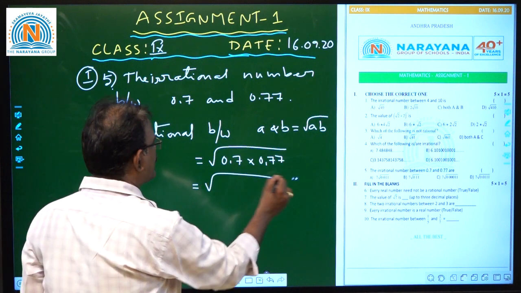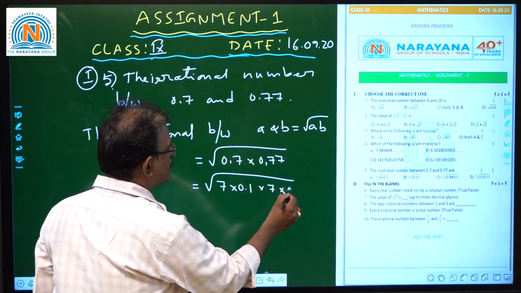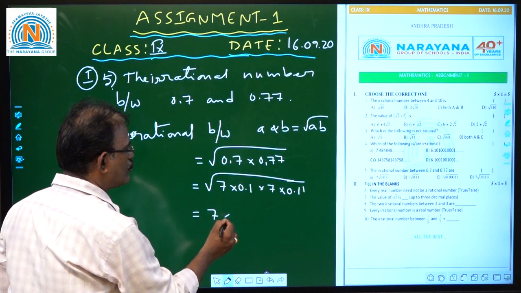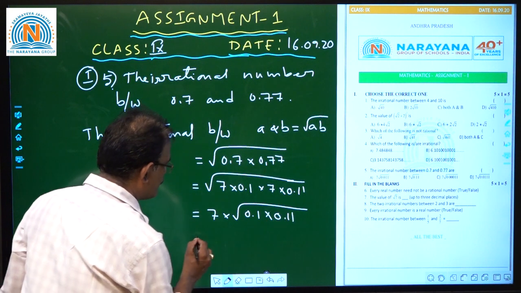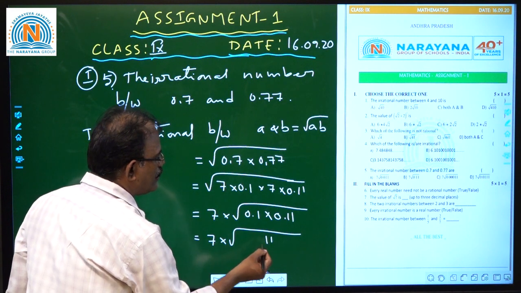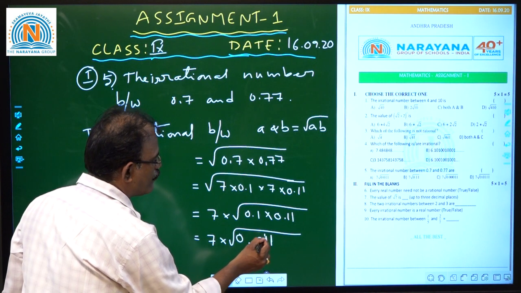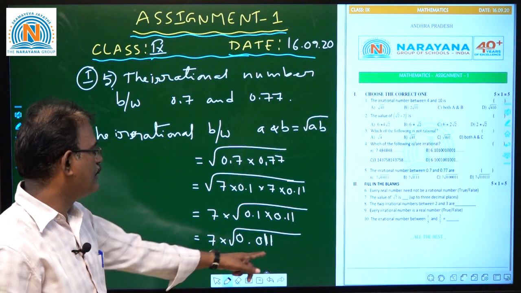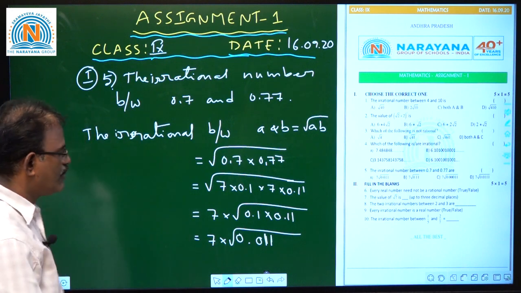This can be written as 7 into 0.1, and again as 7 into 0.11. Taking 7 out, this is 0.1 into 0.11. So this is 7 into root of 0.011. Here 1, here 2, totally 3 digits are there after the decimal point. So this is the answer. It is there in the first option, children.